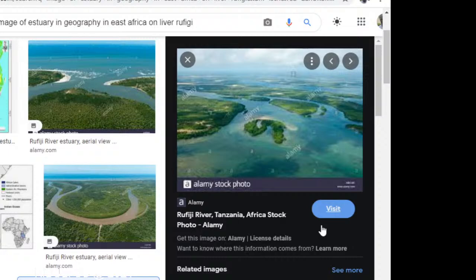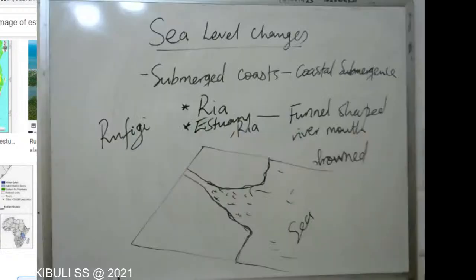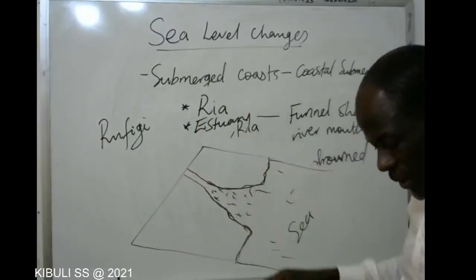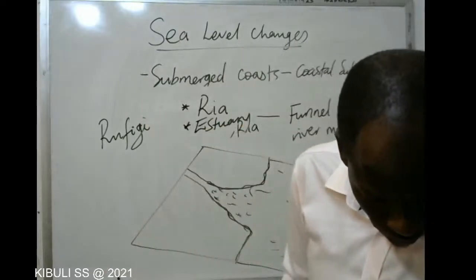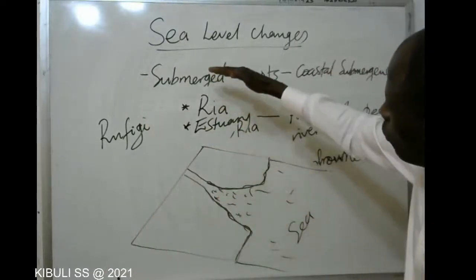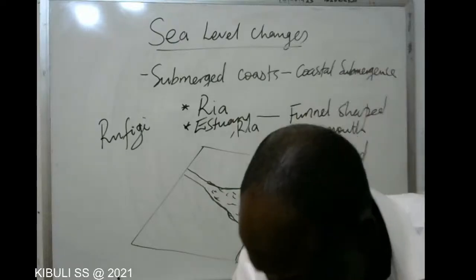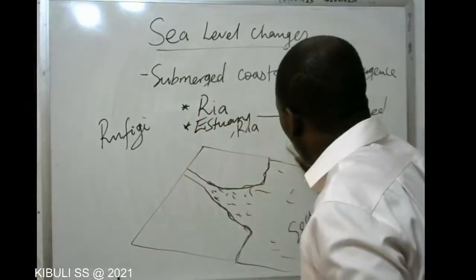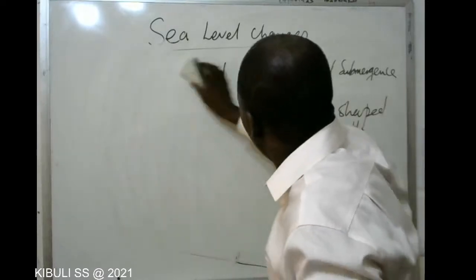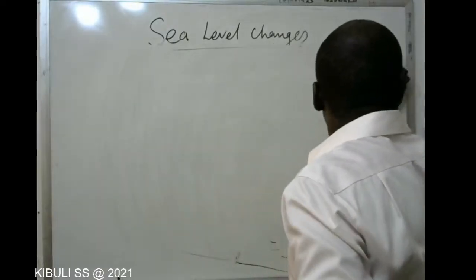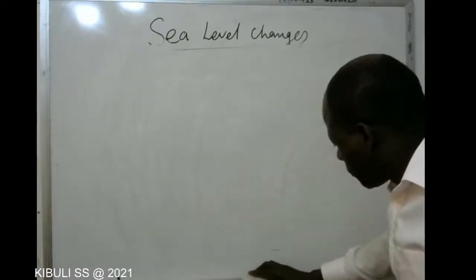Having talked about submerged coasts with the rias and estuaries forming, there are even other features that we cannot go into detail on. But we also now look at those features that form as a result of a fall in sea level. Those are emergent coastal features.